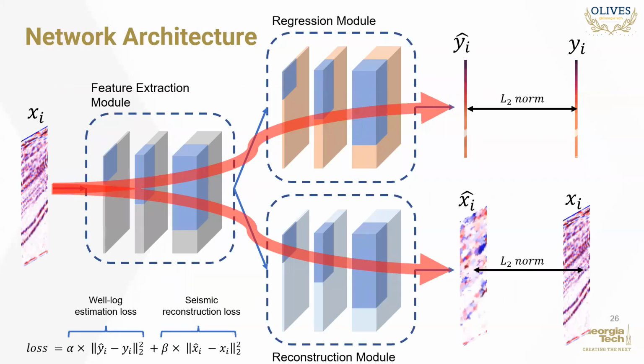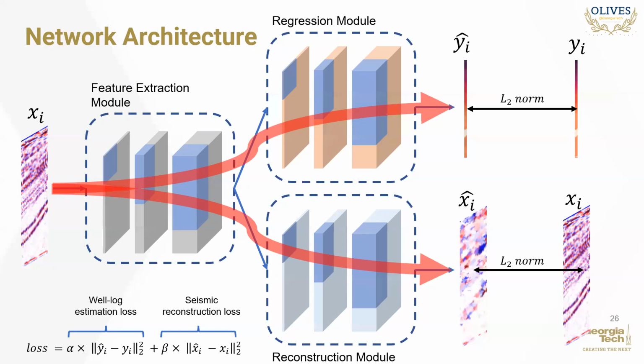In this slide here, I'm showing the network architecture that I use to perform this inversion. I have these 2D convolutional layers, the kind I described a few slides ago, and these layers are broken up into 3 different blocks. The first block is called the feature extraction module, which is taking the 2D seismic patch and processing it to extract higher level features.